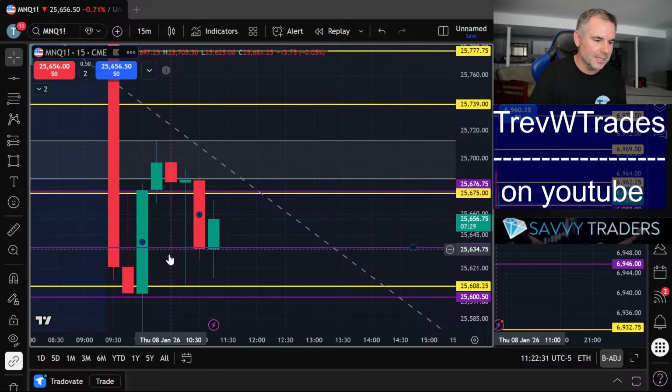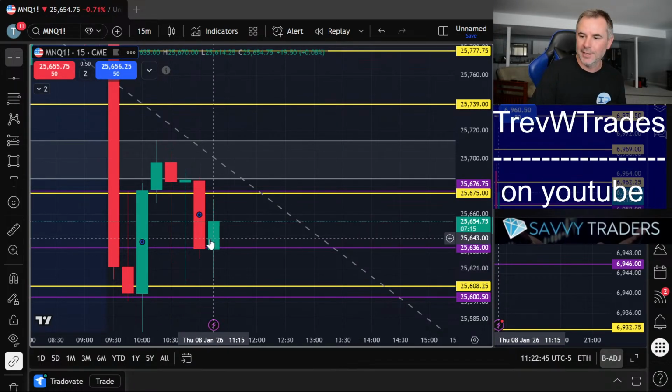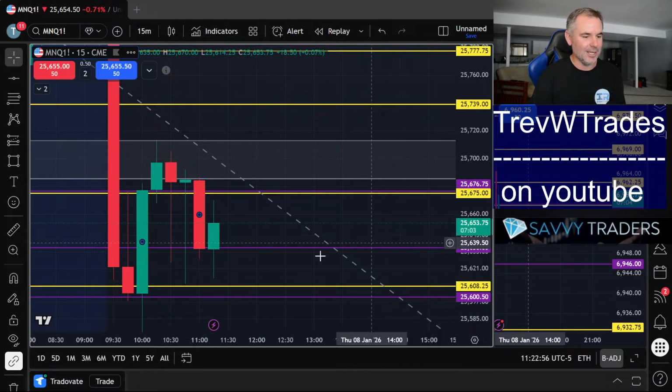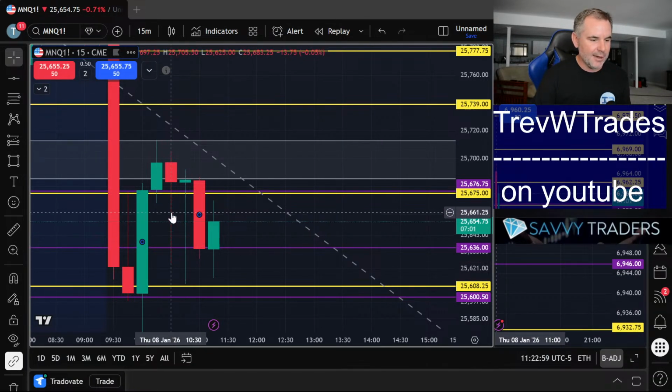I was really hoping we were going to dig down and hit this support that I had of 25,608, and as soon as it came down here and hit Savvy's level, it bounced up. Unfortunately I didn't take the profits, and it basically stopped me out at break even. I ended up getting, I think, like $15 on it, which, at least I didn't take a loss. So I was out of that. On this red candle, I was in the trade for about 7 or 8 minutes.